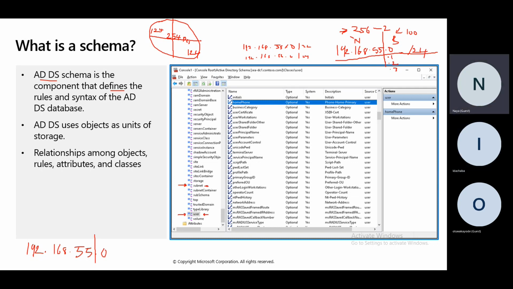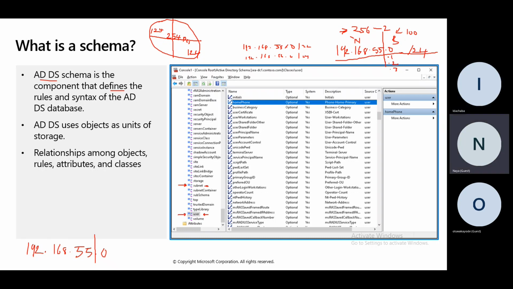I said if we're breaking this 254 into two, it's not going to be 254 in general. It's 248. That's what I'm trying to ask. Where did you get that one from? 124 plus 124 now.